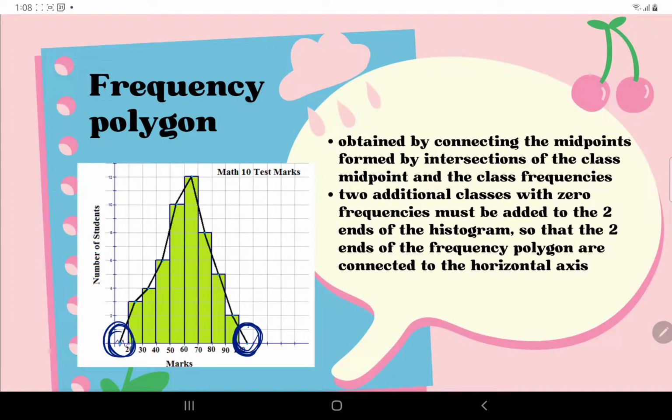You have to make sure when you are drawing your frequency polygon, these two ends, the start and the end of this frequency polygon, need to be connected to the horizontal axis. It must reach down to the horizontal axis.